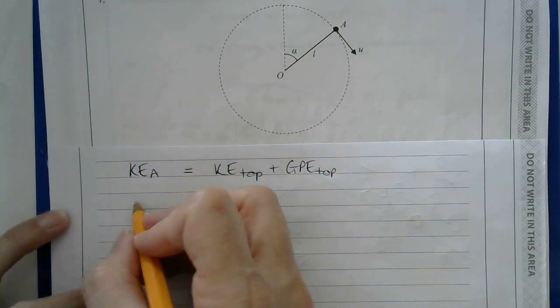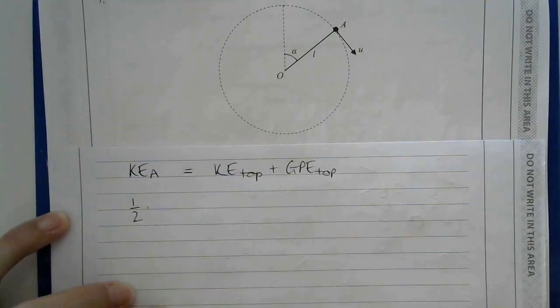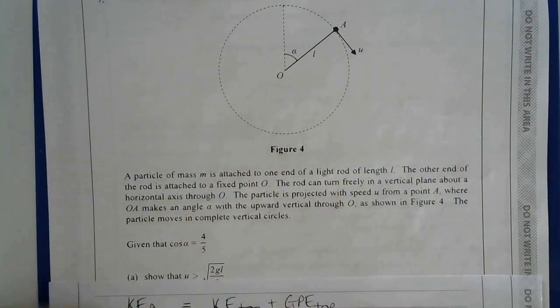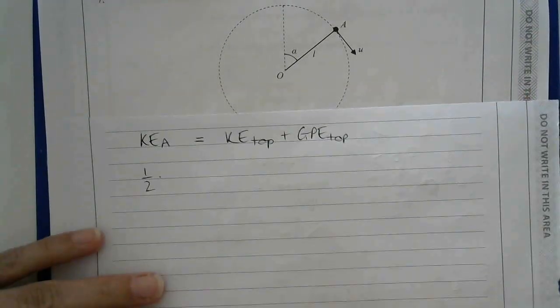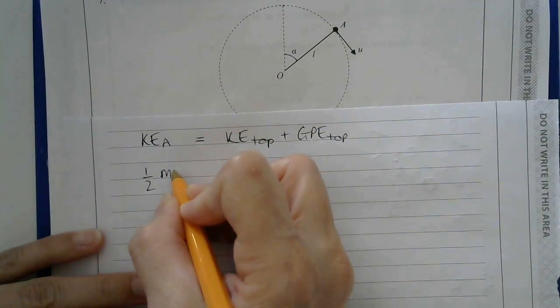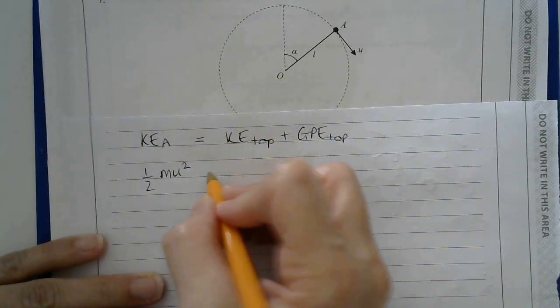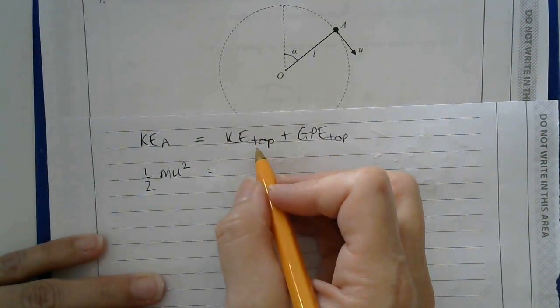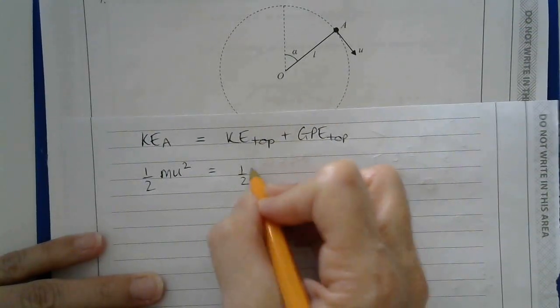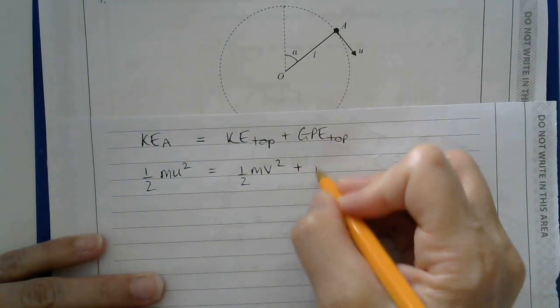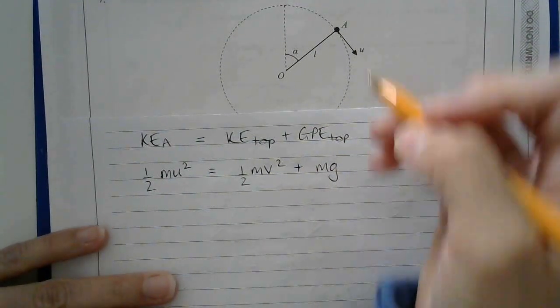So the kinetic energy at A is half times the mass, which was m, times the speed u squared. The kinetic energy at the top will be half m v squared, letting the speed at the top be v, plus mass times g times the height.